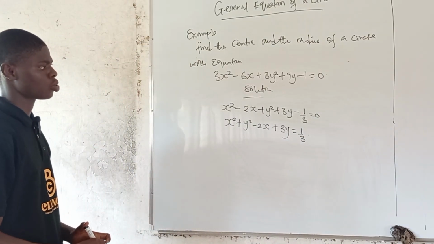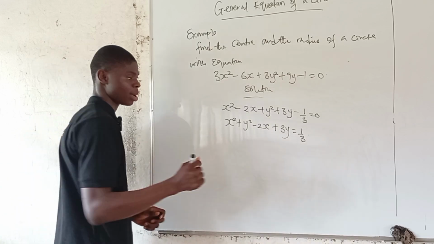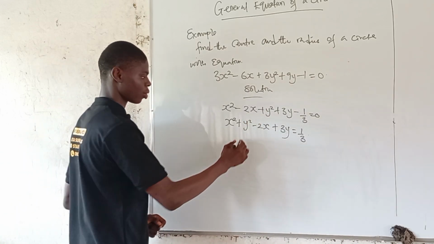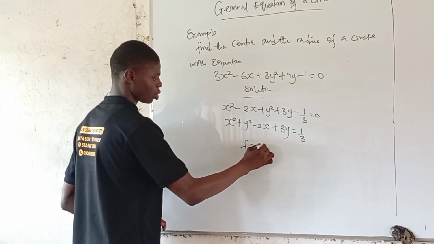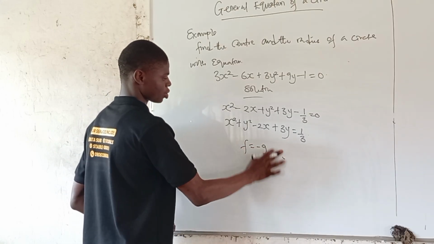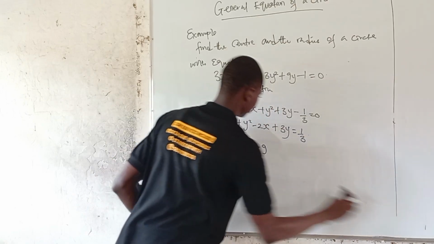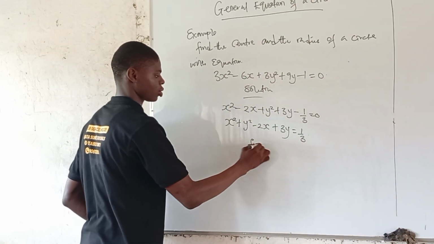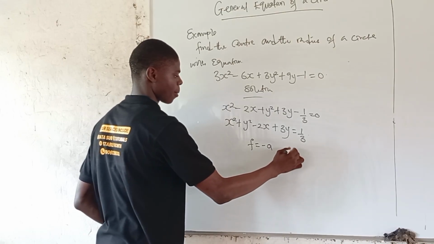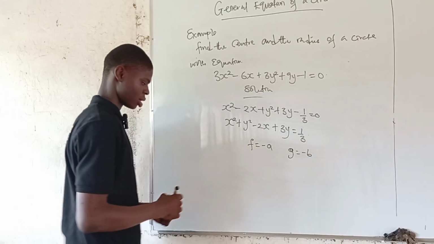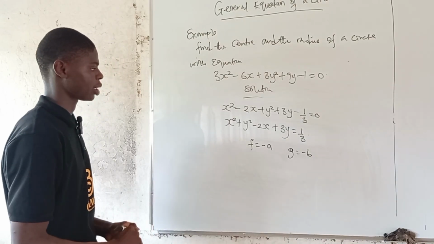Now, I said I'm going to show you two ways, right? So remember from our general form of a circle that f is equal to negative a, and g is negative b.